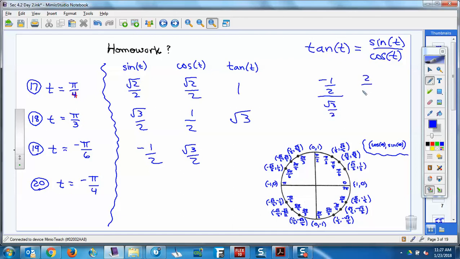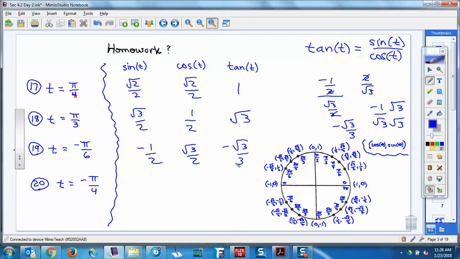Invert and multiply, right? Or just say those cancel, however you want to do it. That's going to be negative 1 over root 3. We don't want to leave it like that. So what are we going to do? Multiply by root 3? So it's going to be negative root 3 over 3. Root 9 would be 3. So we're going to put negative root 3 over 3.